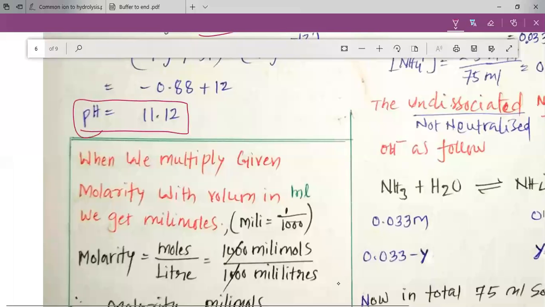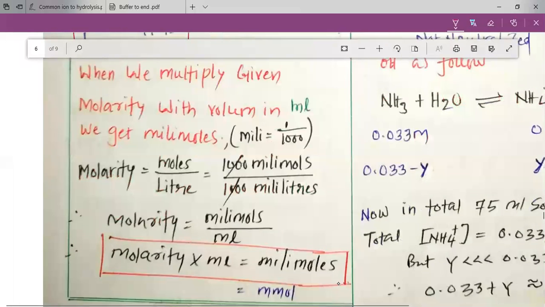Now here I have one very important thing to tell you, my dear students: when we multiply the molarity M with the volume given in ml, please remember, volume given in ml, we get millimoles. So why is it so? Let me explain. See, milli means 1 upon 1000. Molarity is mole per liter.